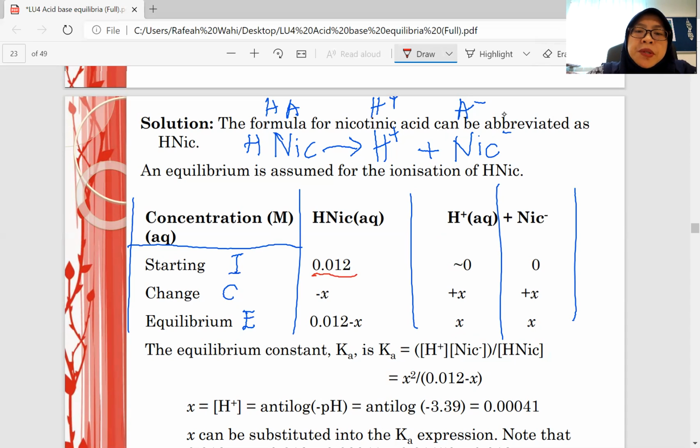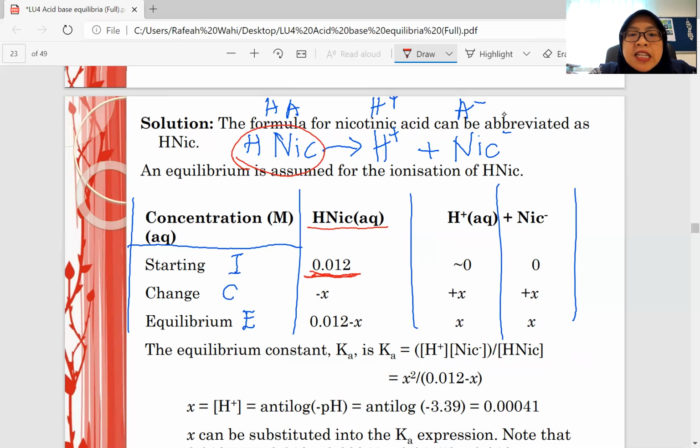So in the second column, for the initial acid HNIC, we put the initial concentration as 0.012 molar.